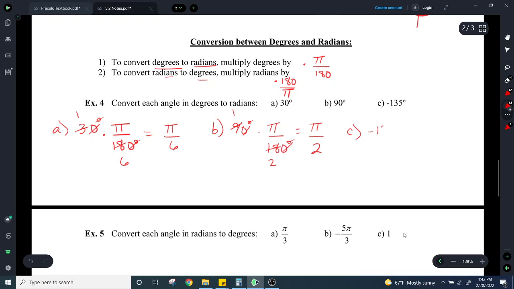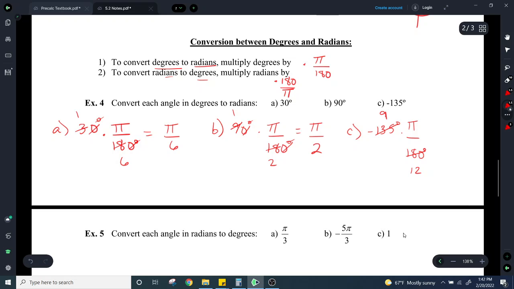And then the last one, negative 135 degrees times pi over 180. I'm going to grab my calculator here to help me with the numbers. Of course, the degrees we see are going to cancel. I know both of those are multiples of 5, but I believe they're also multiples of 15 as well. So let me double check. So 15 goes into 135 9 times. And then 15 goes into 180, oops, wait a minute, 12 times.